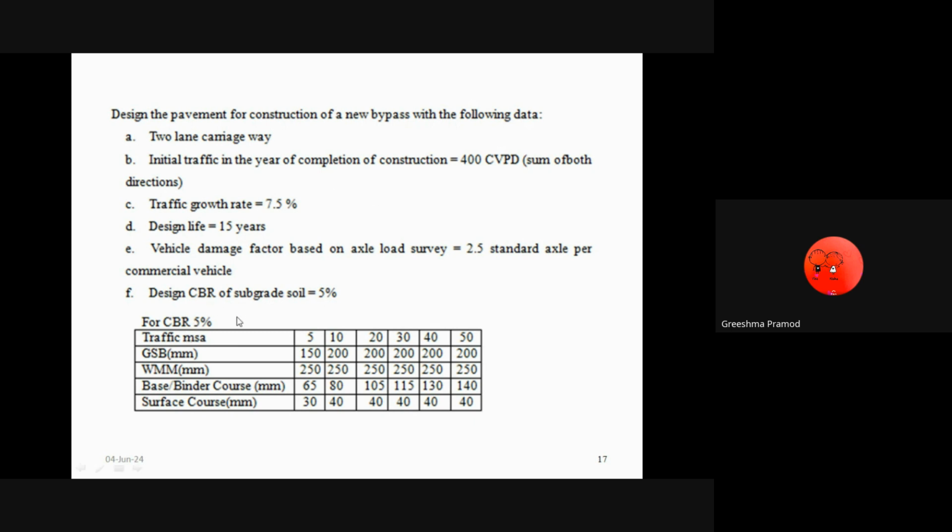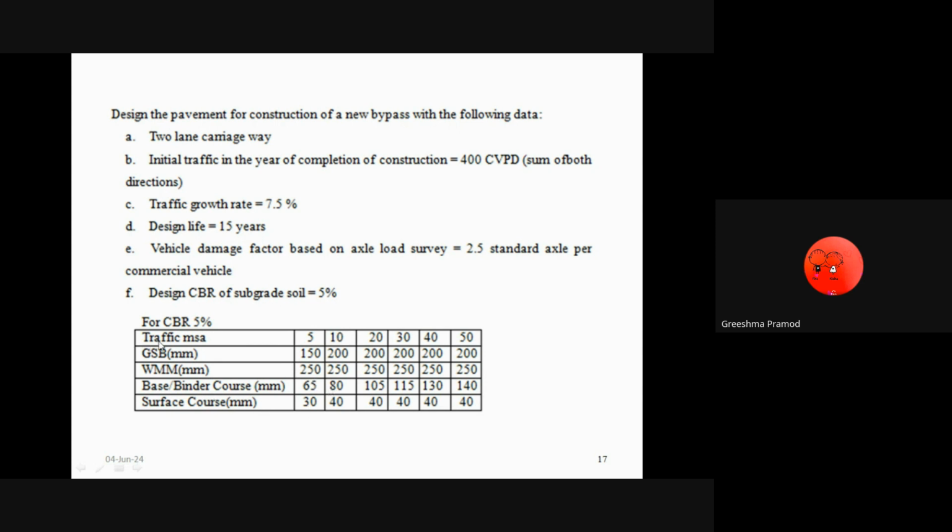Based on the 5% CBR, the traffic in MSA for different values 5, 10, 20, 30, 40, 50 is given here. These are the different layers of the pavement: GSB, WMM, then base course and surface course. If the traffic MSA is 5, then for each layer you can provide: for GSB 150, WMM 250, base course 65, surface course 30.